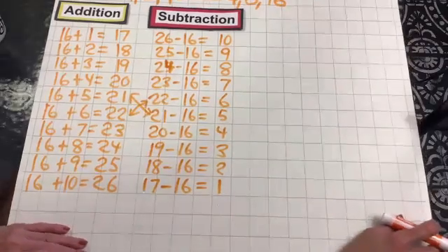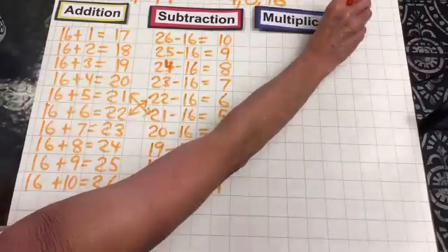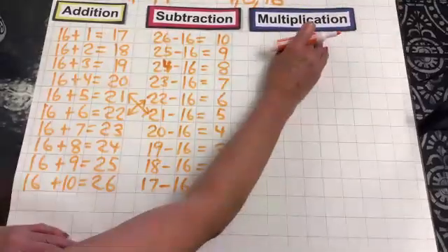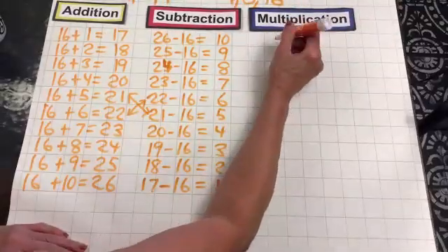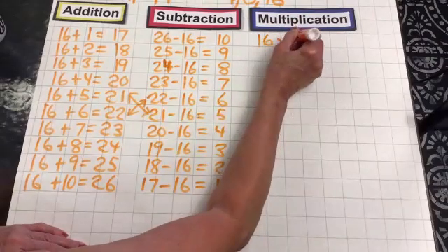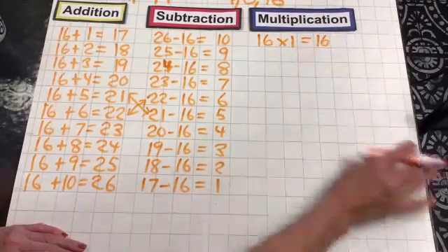Boom. Good practice. Let's go on to multiplication. This one's going to get tricky, so we're going to have to get out our scrap paper for this. 16 times 1 equals 16. That's our easy one.